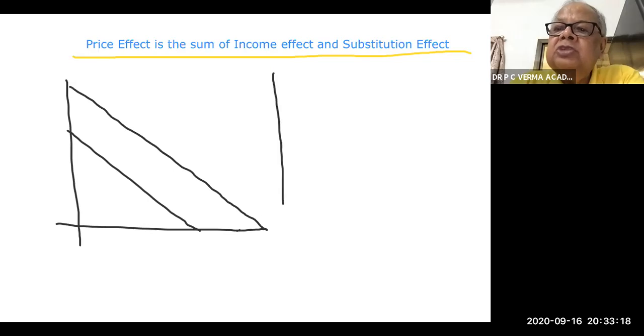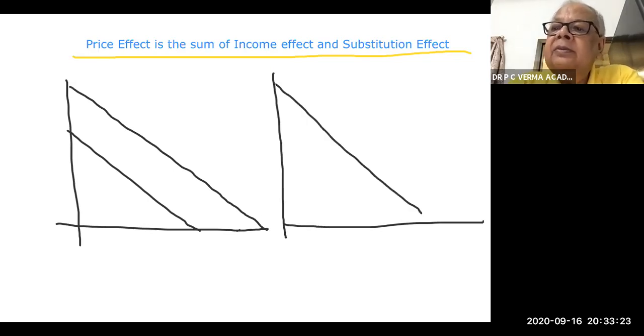But in substitution effect, we will have two different price lines, not parallel, rotationally.